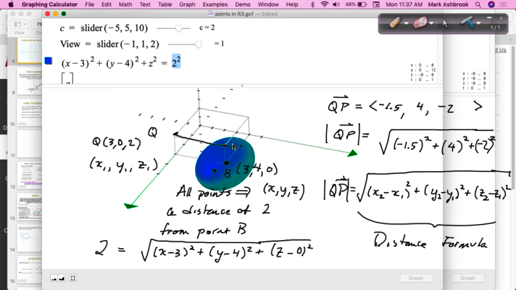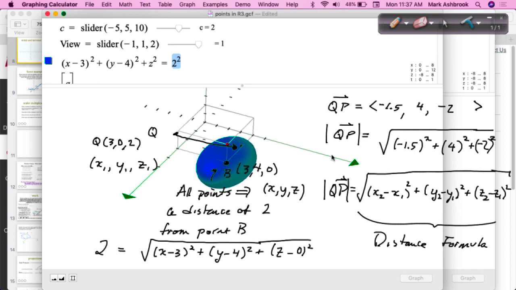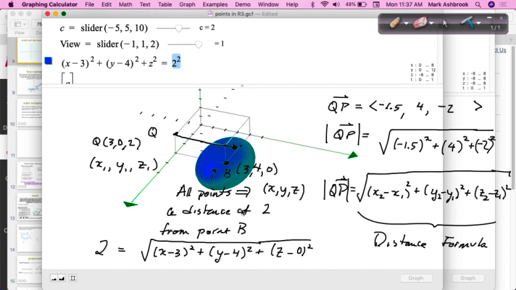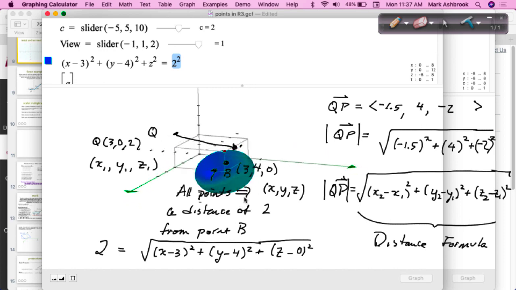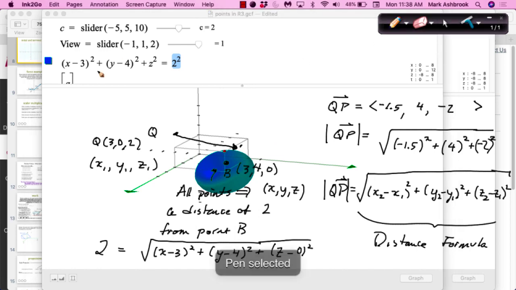It looks like an egg. I'm having a lot of trouble rotating this. There we go. Why does it look like an egg? My scale must be off. Yeah, so I've got a smush scale in one direction or another. So it looks kind of like an egg. But basically that's our equation of a sphere then. A sphere is based on the distance formula. And what is 3, 4, 0?